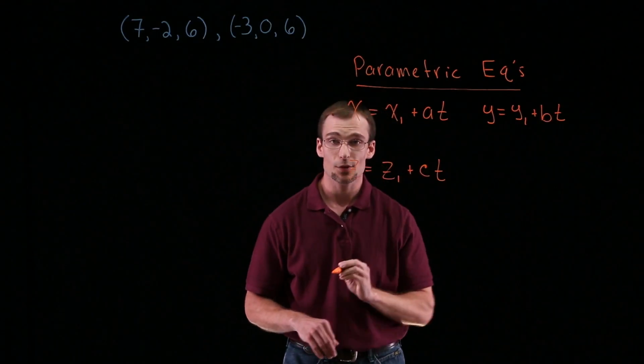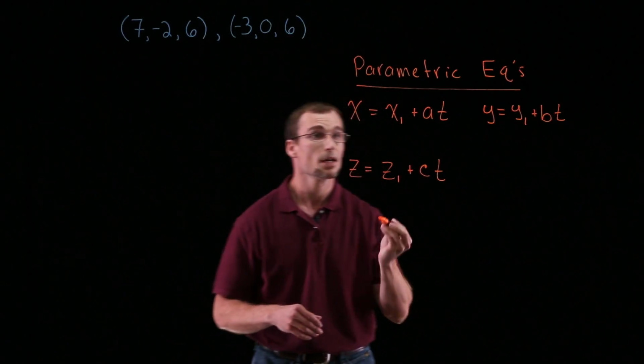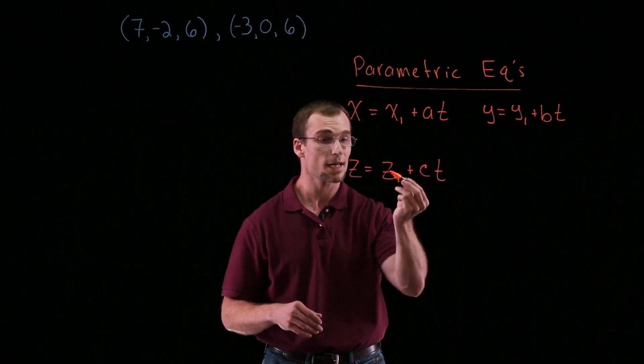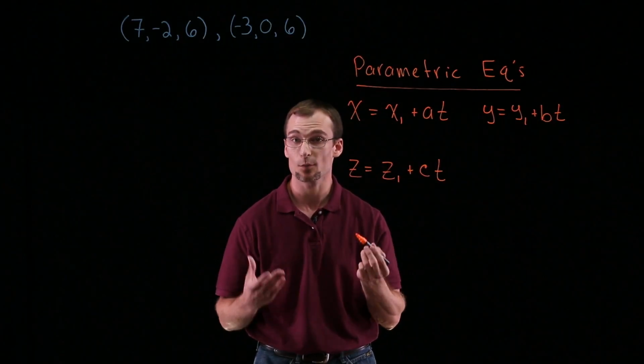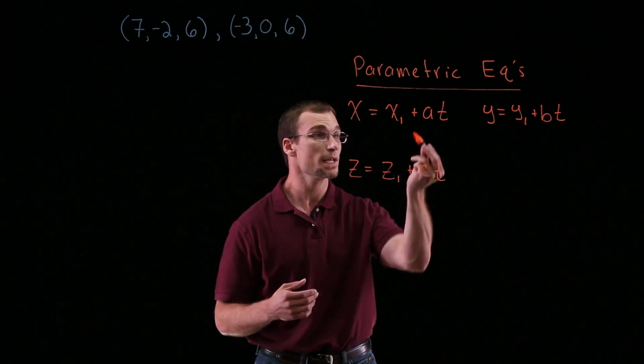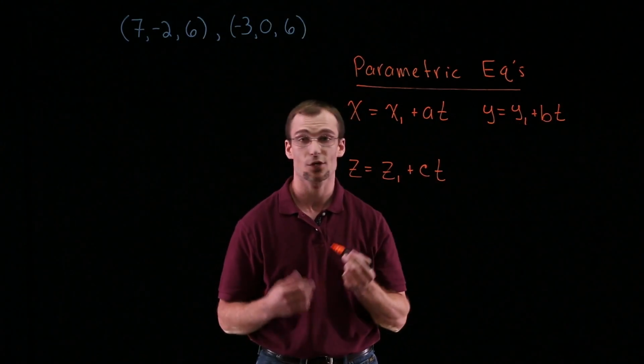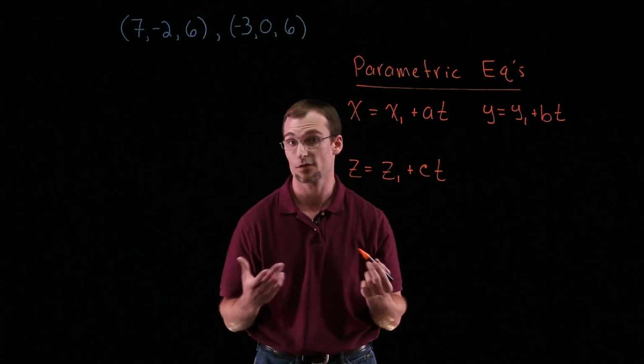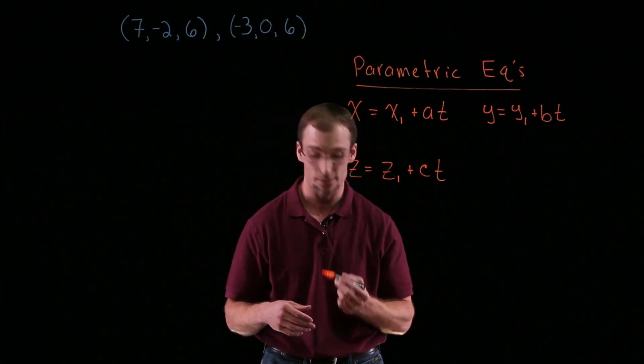So those are our parametric equations, and so what we need to fulfill these is we need x1, y1, and z1, which are coordinates from a point that's lying on our line. And then we need a, b, and c, which are the components of a direction vector, or a vector that's parallel to the line that we want to find.